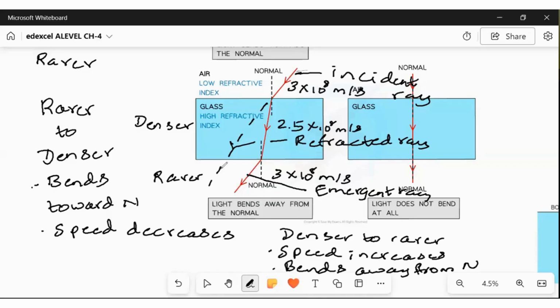The difference between the extended incident ray and the emergent ray, you call it lateral displacement. The region between the extended incident ray and the emergent ray is called lateral displacement.